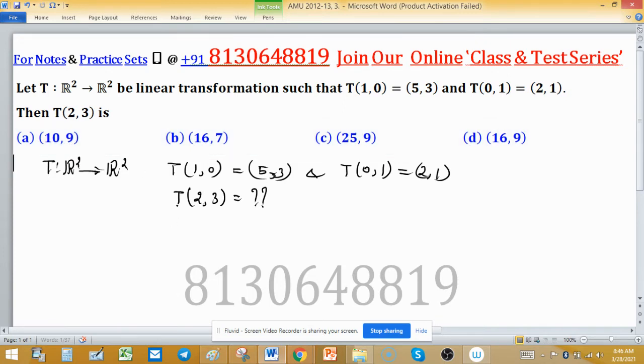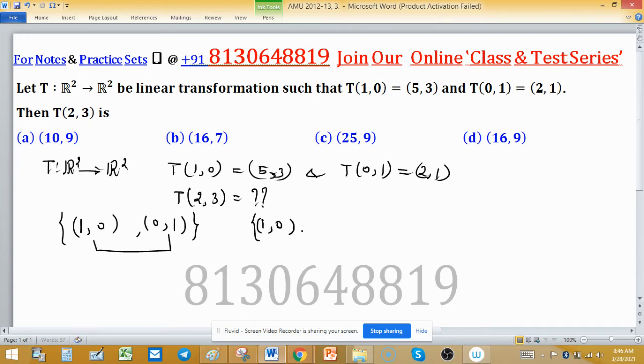If we go with the standard technique, what is it? First check whether the given domain elements, (1,0) and (0,1), form a basis or not, because we know that these two are independent and these are the standard basis elements. It doesn't mean we don't have other bases.